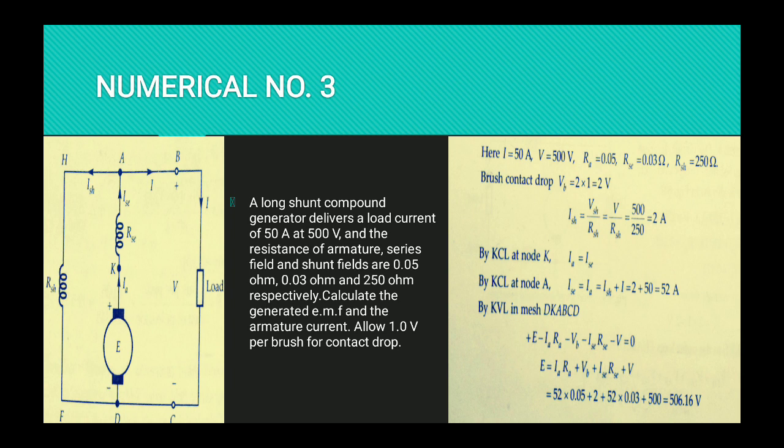The load current I equals 50 ampere, and the terminal voltage, or load voltage, V equals 500 volt, and the armature resistance RA equals 0.05 ohm, the series field resistance RSE equals 0.03 ohm, and the shunt field resistance RSH equals 250 ohm.